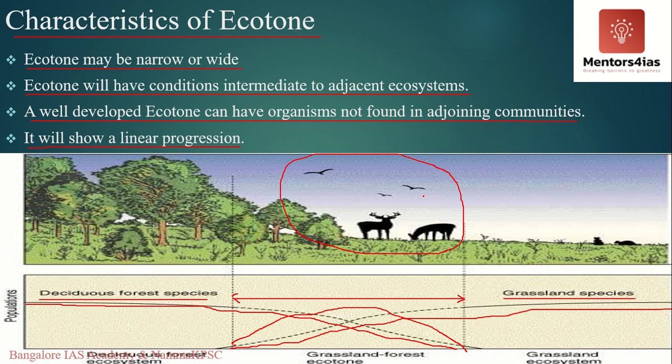It is able to capture the energy flow between the two ecosystems. So please remember, an ecotone, at least many times, will show greater productivity. It will also have greater biodiversity between the two ecosystems. So to sum it up, an ecotone is nothing but a border zone where two ecosystems meet and mingle, sometimes forming a new and different community.